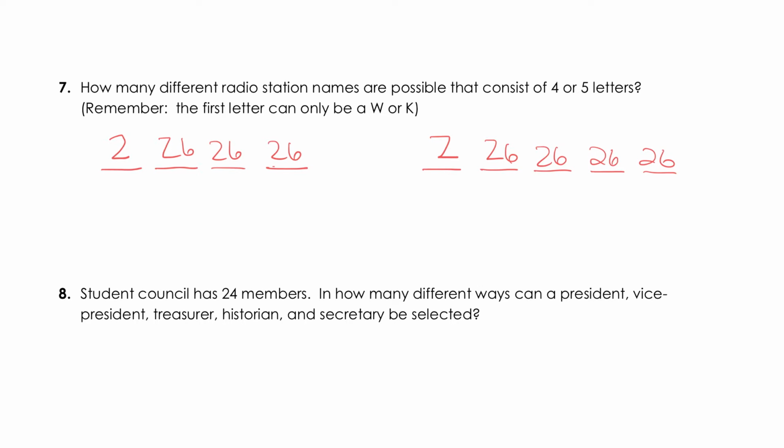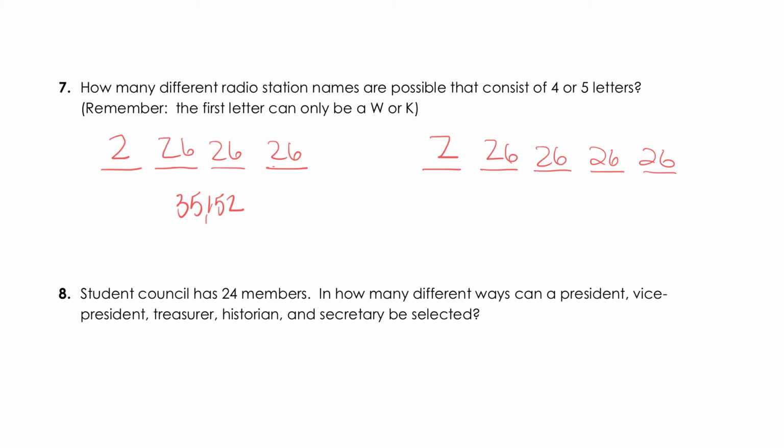Okay, and then you're going to multiply those together. So the first one, 2 times 26 times 26 times 26. This comes out to be 35,152 options.